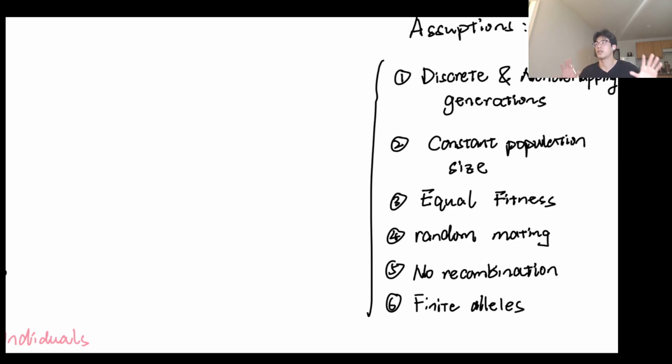No recombination, meaning that we don't select two or three or multiple. Maybe you can select two diploids and they select part of them and they recombine. No, we don't do that. We select each allele and it just produces a copy of itself. There's no recombination, and we have a finite number of alleles. This is very important. We will talk about the infinite alleles model in the next section very quickly.